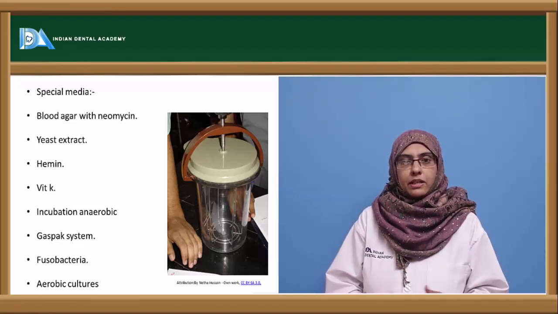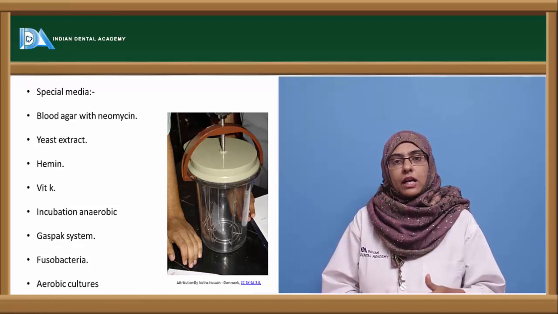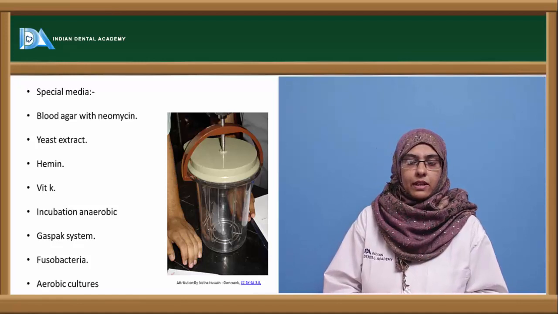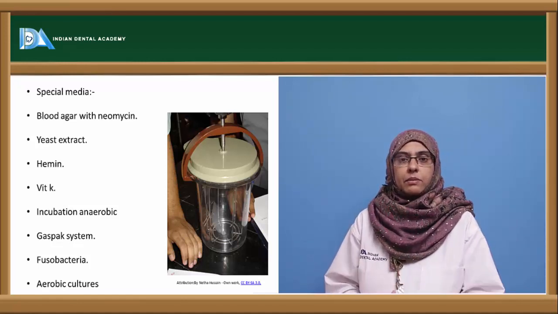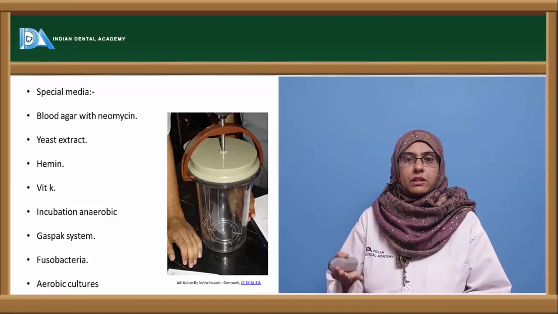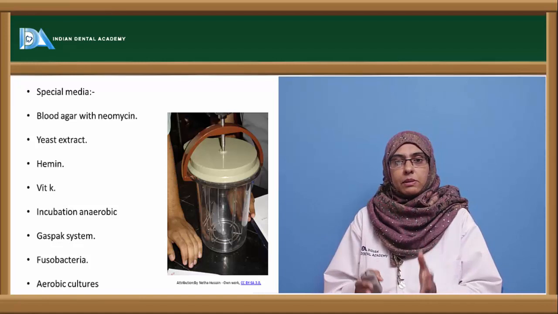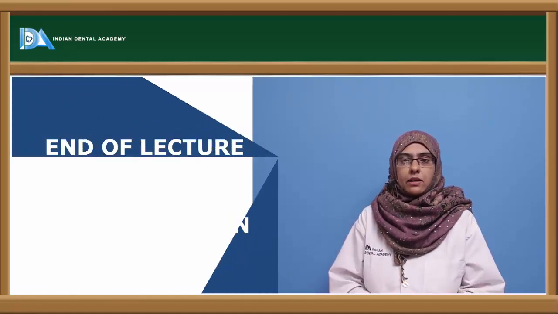For Fusobacterium, because the organism grows very slowly, you have to incubate for a longer period of time. And simultaneously parallel aerobic cultures have to be made, because most anaerobic infections can also be caused by aerobic bacteria. So you have to go with the aerobic culture as well as the anaerobic culture.